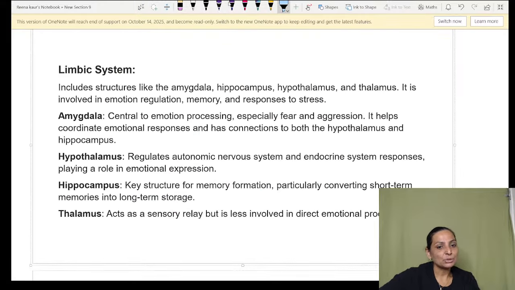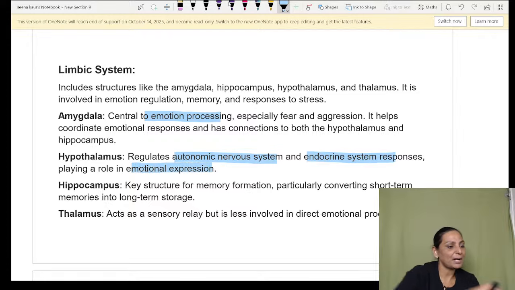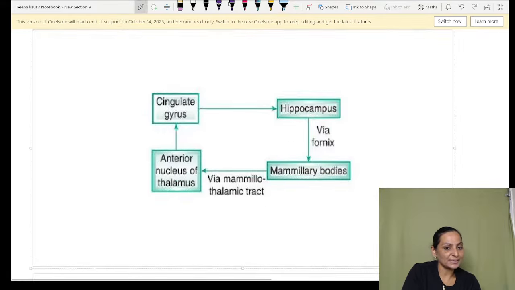Okay, so amygdala, emotional processing. Hypothalamus regulates the autonomic nervous system and the endocrine responses which are there as a part of the emotional experience. Hippocampus in memory, thalamus relay center. So the limbic system is a very, very important area.